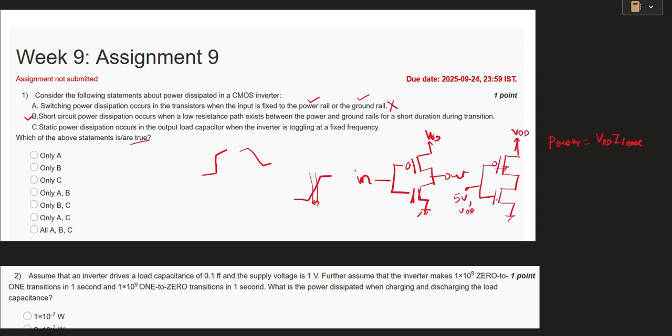So these are static currents that lead to static power loss. It is not related to toggling. So this C option is also not correct. We are left with only option B, and this question is asking which statement is true, so only B will be true.